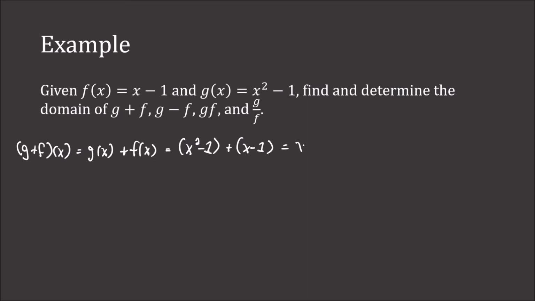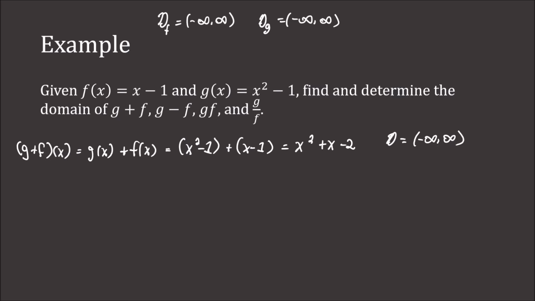And so we have x squared plus x minus 2. Now for the domains, first notice that the domain of f is all real numbers. The domain of g is also all real numbers. So if we take their union, the domain here would also be all real numbers.